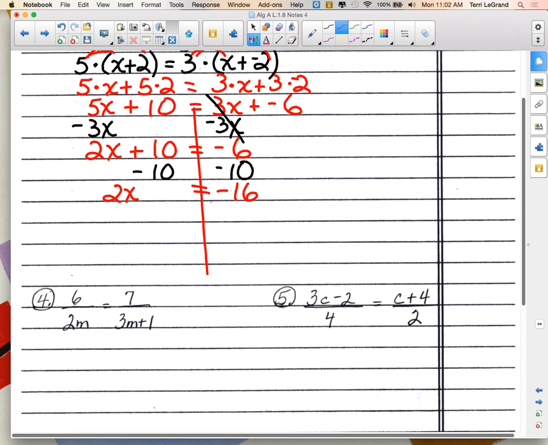Don't use your calculator now. Come on. Calculators are for when we really need them. This is not a really need them.